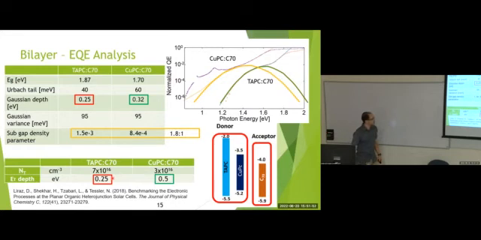And also the total number of subgap states, or of SRH traps, in the TAPCC70 device is twice that in the other device. So maybe the numbers are not exactly the same, but we were very pleased with this result because we need to keep in mind that this model is very simple. It's only a rate equation model. And also when we model the SRH traps, we used only one trap energy. So the distribution is like a delta function and not a Gaussian distribution.